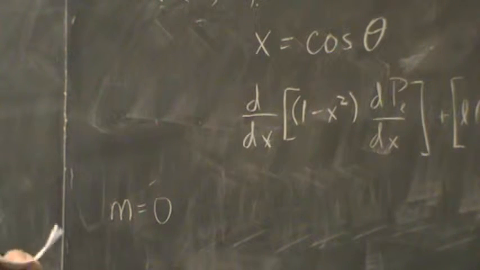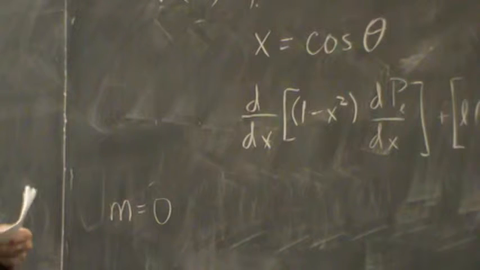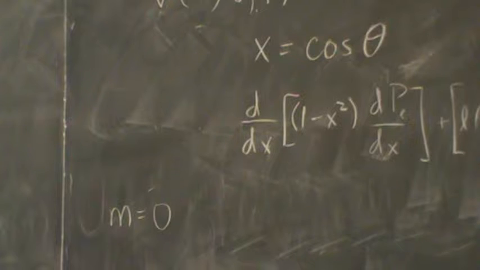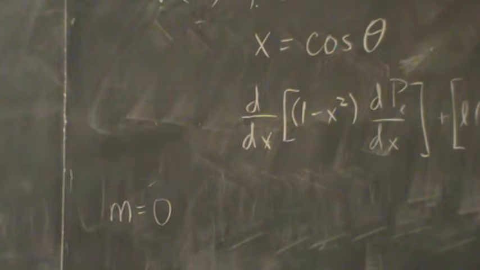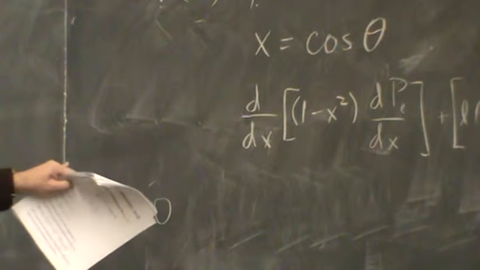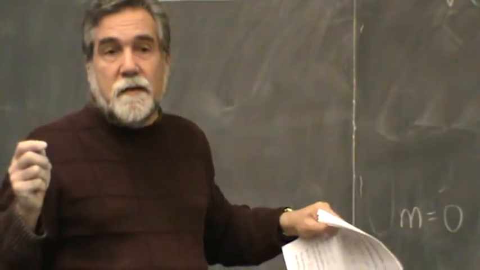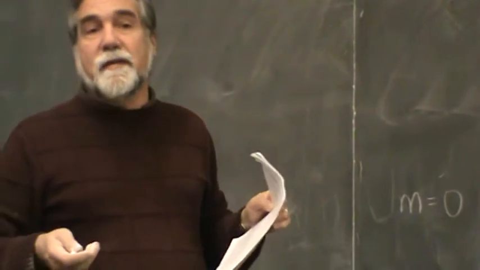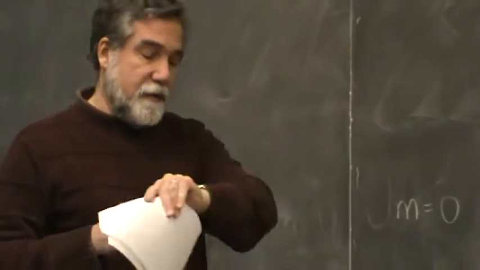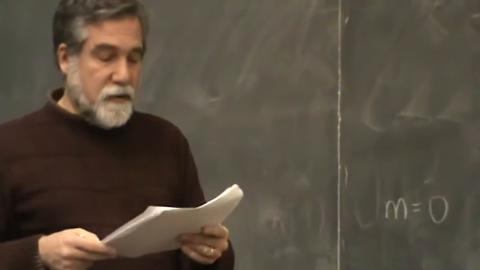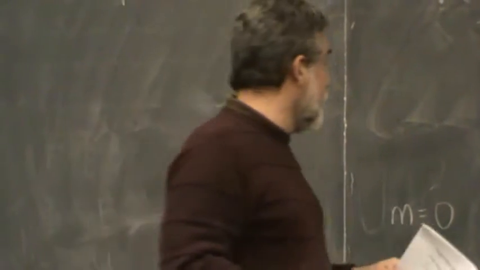So this problem has azimuthal symmetry, something like cylindrical symmetry. That would be m equals 0. We're going to start off by assuming that, and we can solve a specific couple of cases using that assumption, which simplifies things. And then we'll go to the next stage where m is not equal to 0.